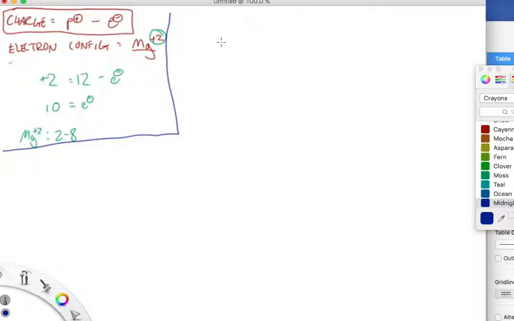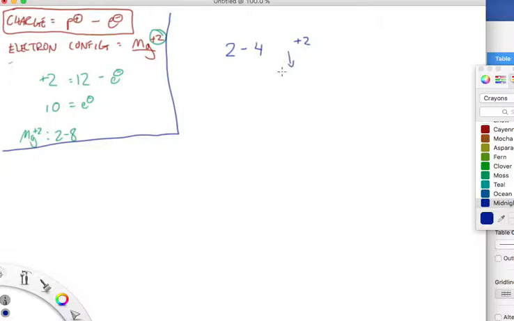So if I give you the electron configuration, let's say it's 2 dash, let's do 2 dash 4. And I say this element, whatever this electron configuration belongs to, is a positively 2 charged element. We don't know what element it is.